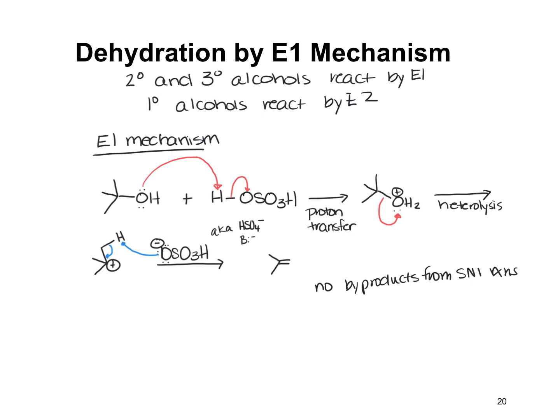Clean elimination takes place because the reaction mixture contains no good nucleophile to react with the intermediate carbocation, so you don't have any competing SN1 reactions. There are no good nucleophiles here. This makes the E1 dehydration of alcohols much more synthetically useful than the E1 dehydrohalogenation of alkyl halides. So now let's look at an E2 mechanism.